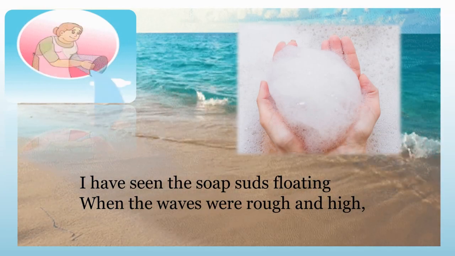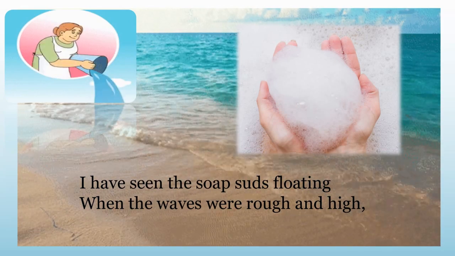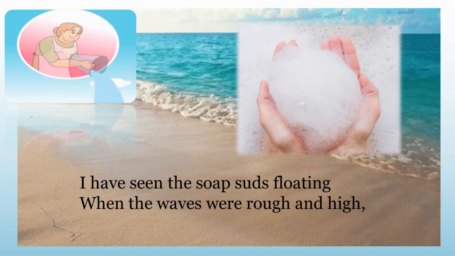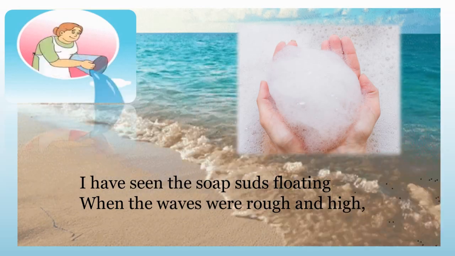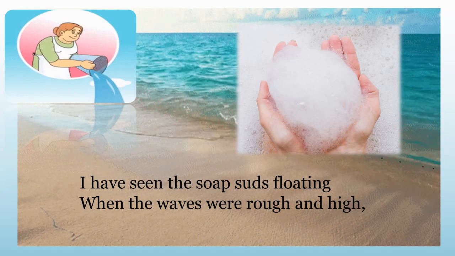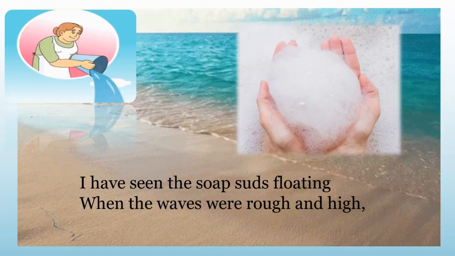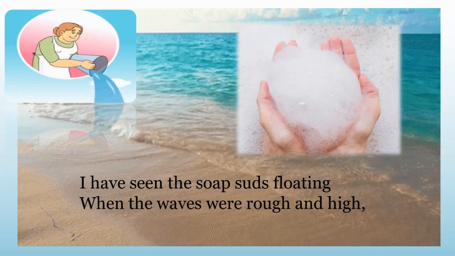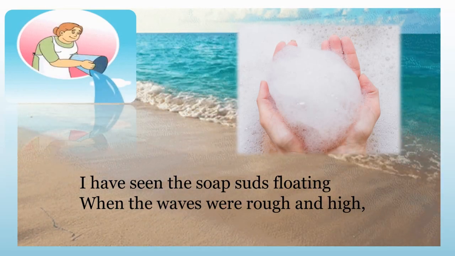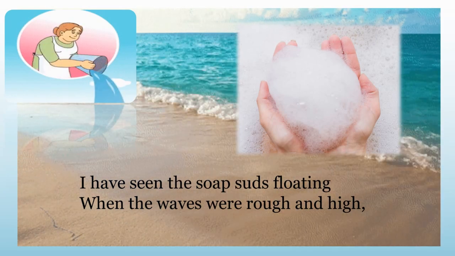So the poet is telling that she had seen the soap suds floating when the waves were rough and high. As you can see behind, when the waves are coming, there's something like soap suds. So she is telling that that is nothing but soap suds, okay, which is floating when the waves are rough and high.